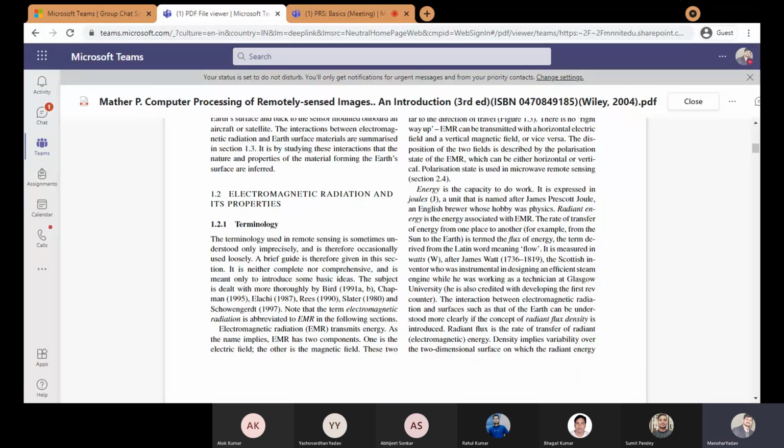We discussed that if we move from shorter wavelength to longer wavelength, then the energy within a photon decreases. This is why in the case of the microwave band, there is very little energy in one photon. That's why we need a very large pixel area, a very large area on the ground, that is assigned a unique digital number. Why is that large area required?